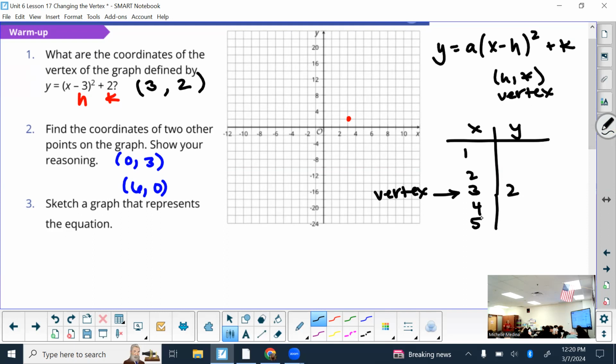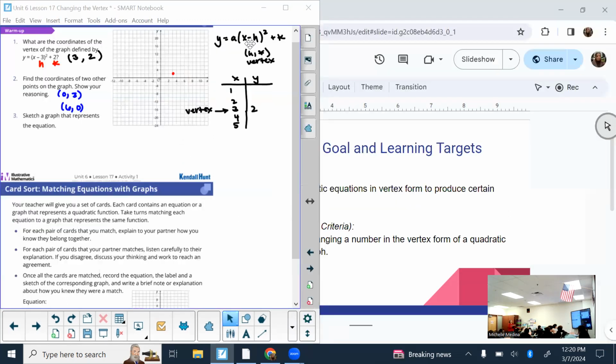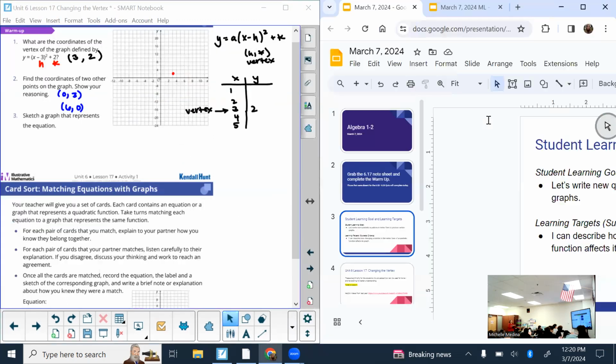So if my vertex is, I don't know, (-7, 3), I'd pick numbers near -7, so that I can see that U shape on my graph. Then you plug these x's into your equation to get your y. I would use a calculator for that. But at least that way you're not just clicking and dragging on Desmos.